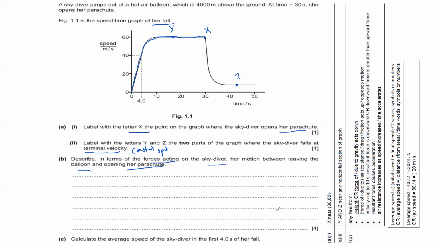And it is of 4 marks. So what is the distribution of the marks? We'll mention the weight is acting downward. That's one, will give you 1 mark.